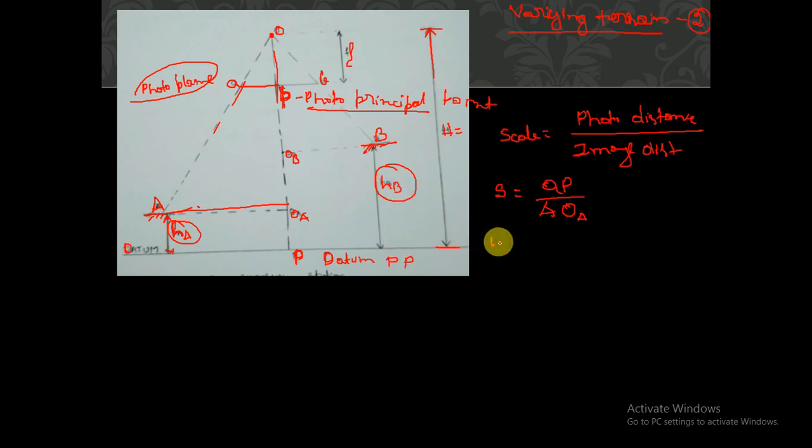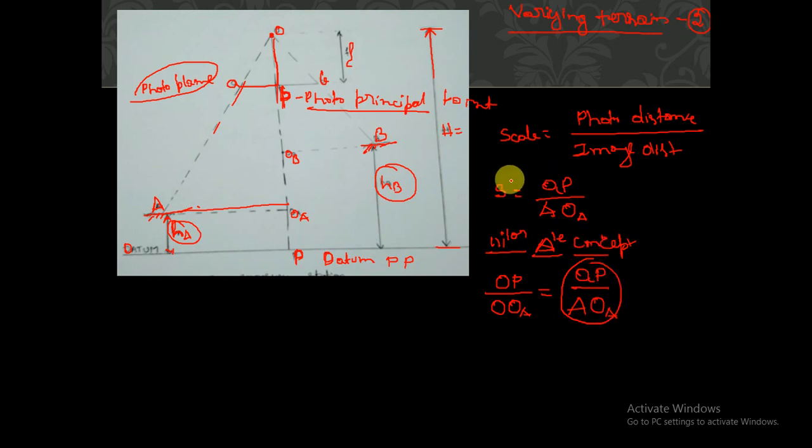By applying the similar triangle concept for this complete figure, it comes to be O p divided by O A, which is equal to a p divided by A O A. So this can be taken as S, right?